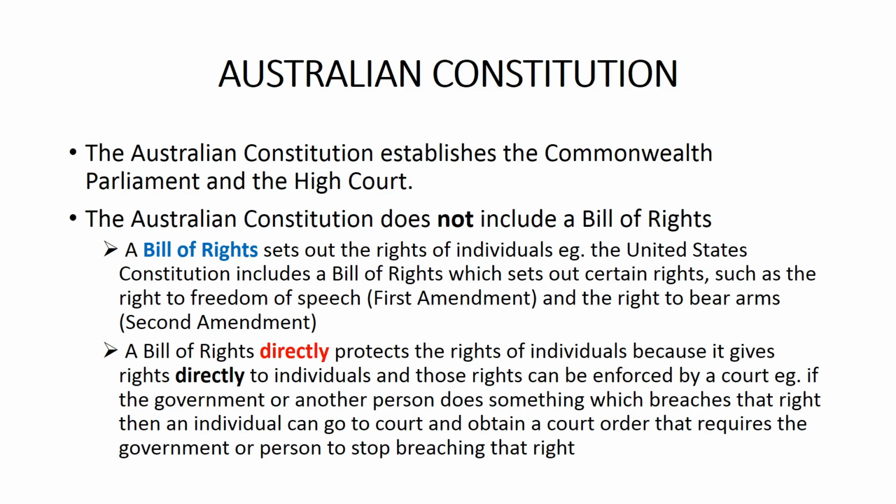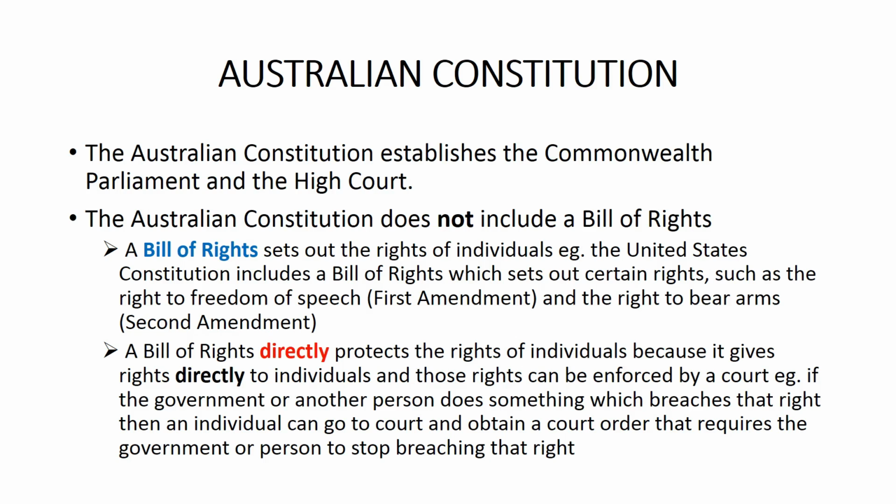A Bill of Rights directly protects the rights of individuals because it gives rights directly to individuals. Where a person's rights, as set out in a Bill of Rights, have been infringed or breached, then that person can go to court and have the court enforce those rights.